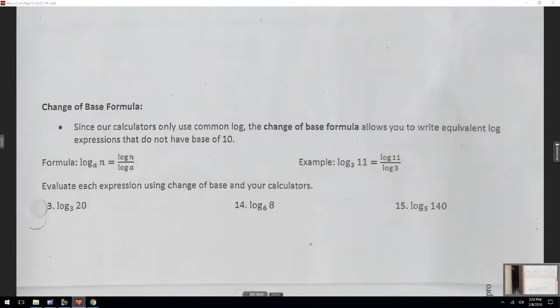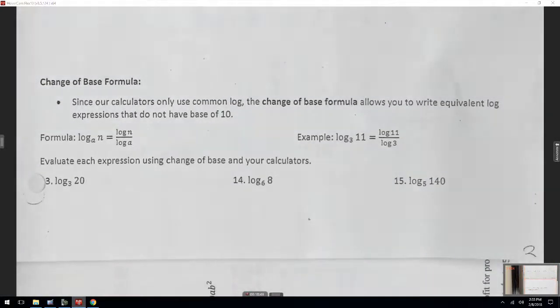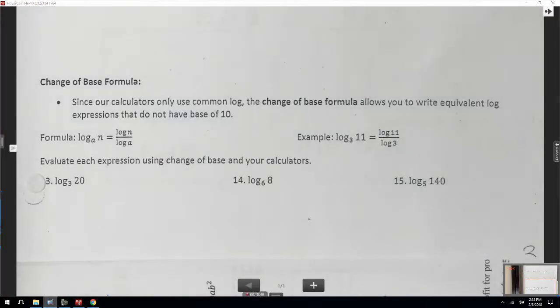All right, did you notice when we just did those 4 problems that we were dividing log of a certain number over log of a certain number every single time? Did you notice that? Do you notice where we got those numbers from?